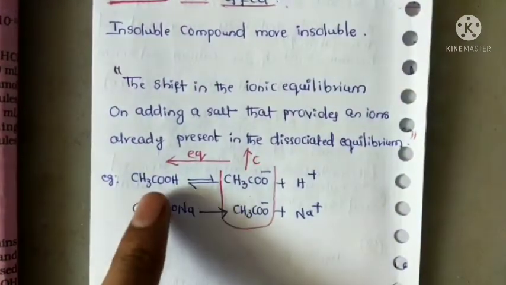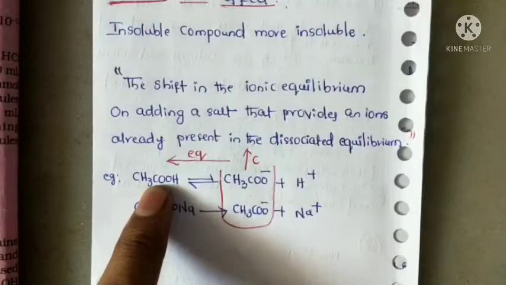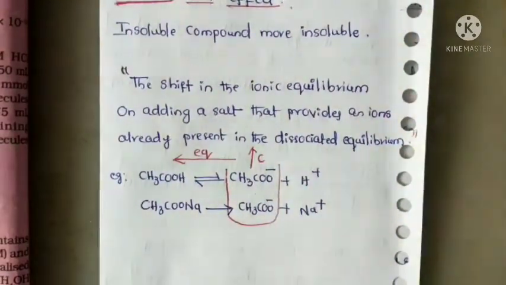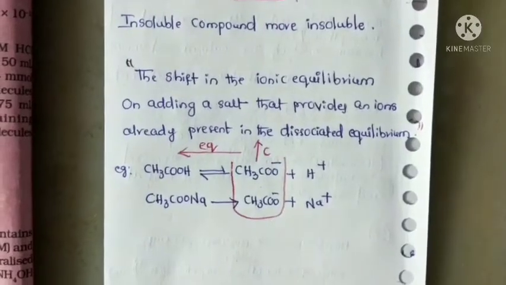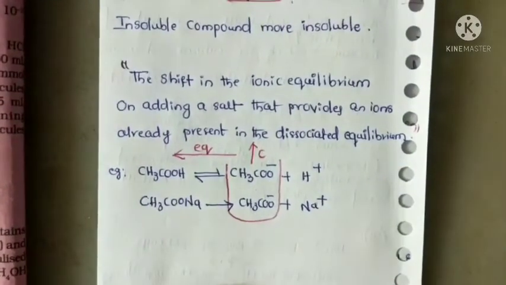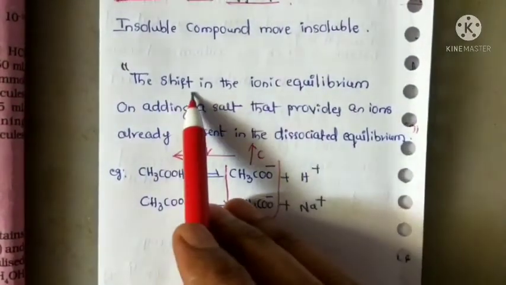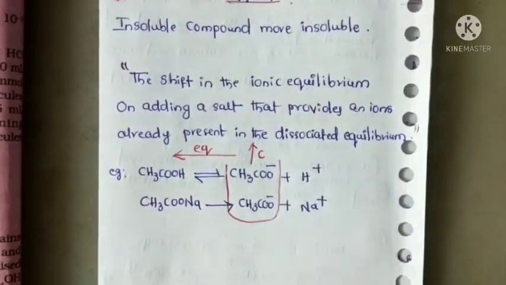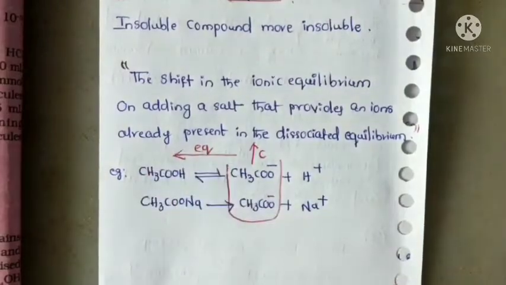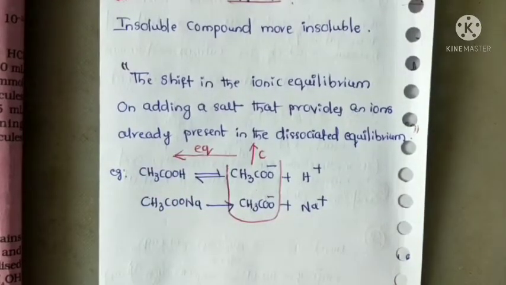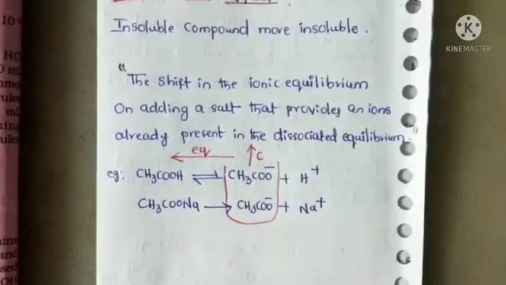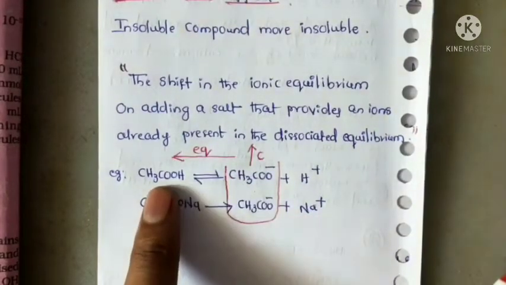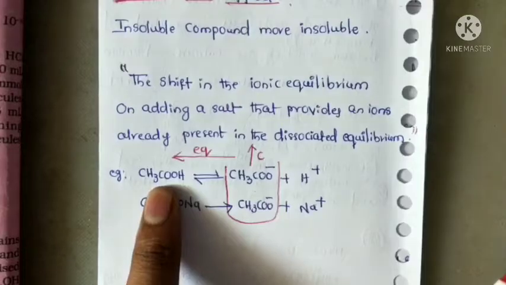That means the insoluble compound becomes more insoluble. So this is called common ion effect, the shift in the ionic equilibrium. Here the ionic equilibrium will be shifted to the left side, so the dissociation of acetic acid is reduced.